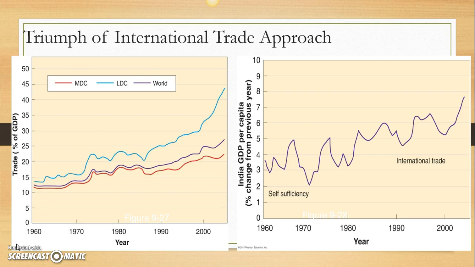And then if we look at India, looking at per capita GDP and the percent change from the previous year, so now we're looking at change across time, right? During that period of self-sufficiency, the 60s, the 70s, really into the 80s, the early 90s, it's very uneven. It's slowly trending upwards.